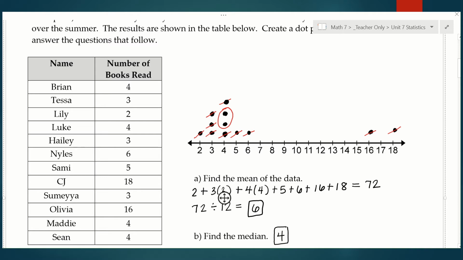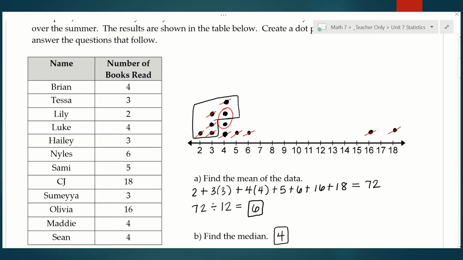So I want you to go to where we found our 2 middle dots. Okay, now because there were 2 in the middle, we didn't actually use one of those dots as our median. So when I go to split my data into 2 halves, I'm going to treat my median as if it was in between those 2 dots. So what I'm going to do is just box in the first half of my data.